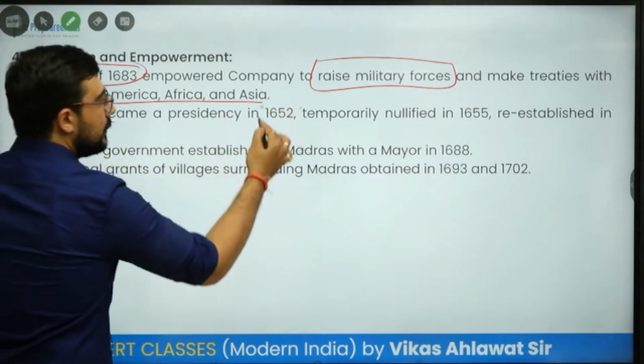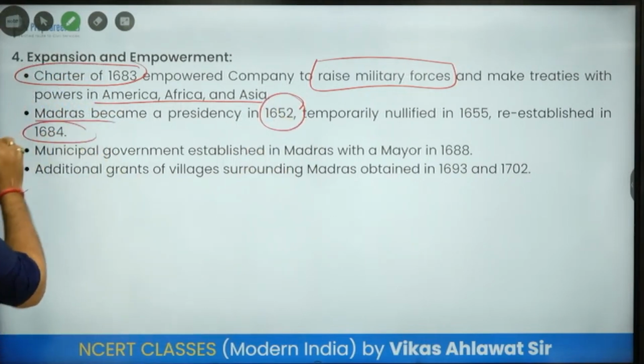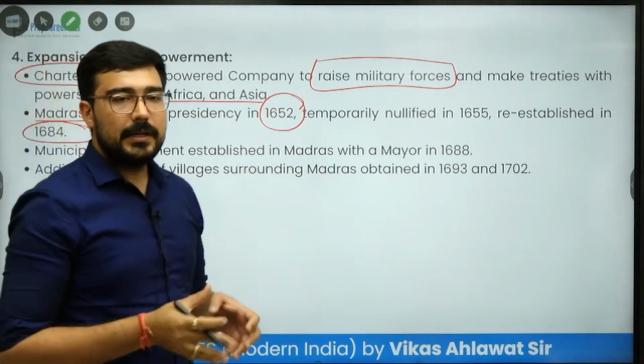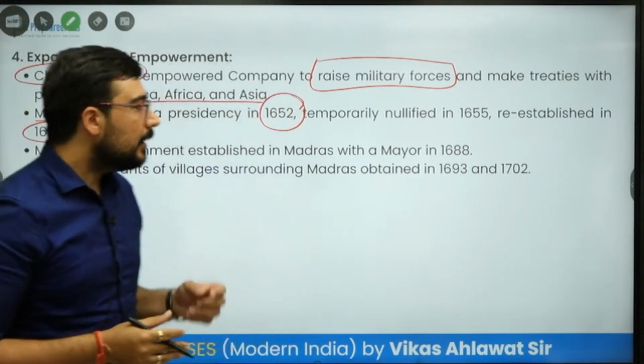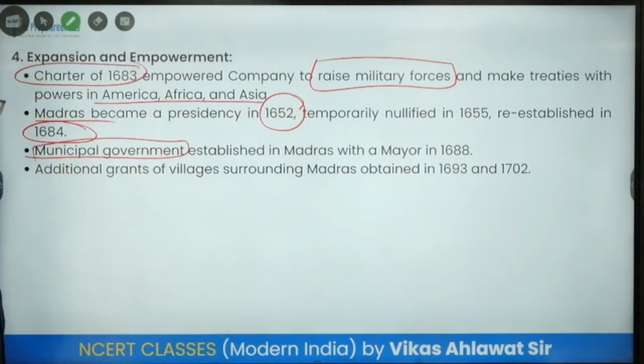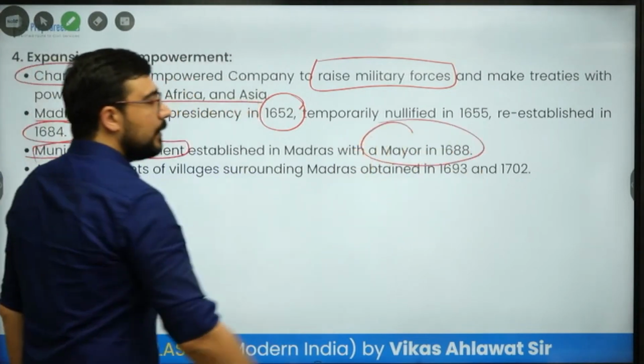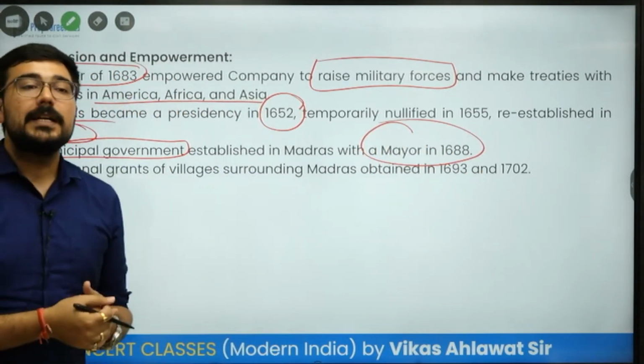Madras became a presidency in 1652, nullified in 1655, again re-established around 1684. Whenever we talk about local governance in India, all of us have to remember one thing. The first area to see a municipal government in the whole of India starts in Madras, and a mayor was appointed in 1688.